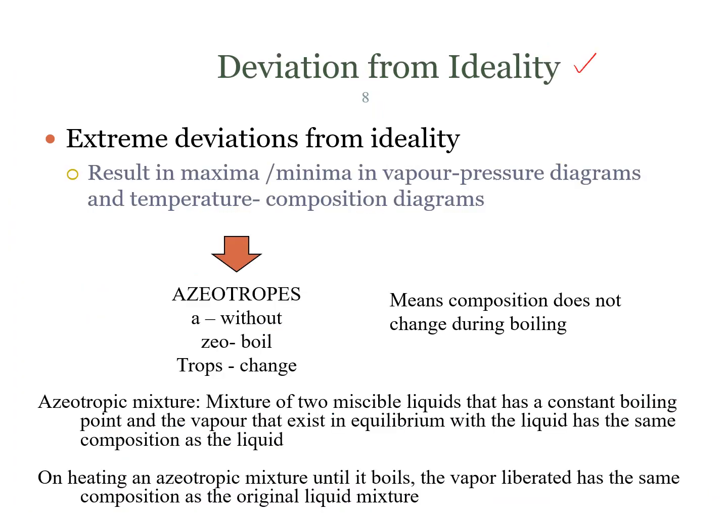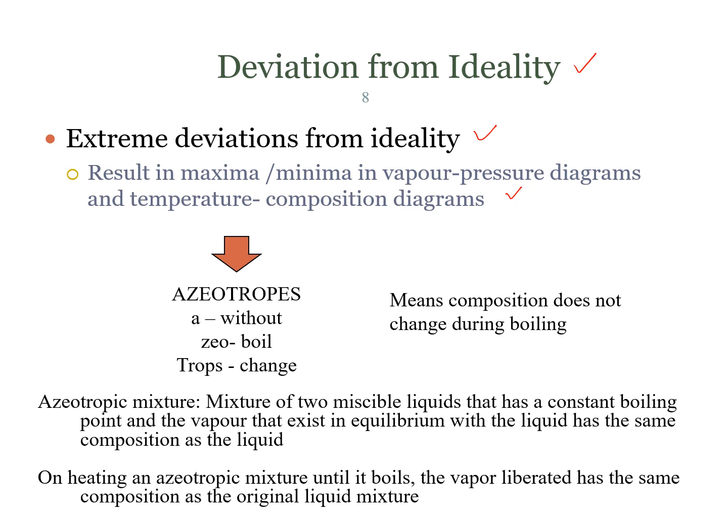Deviation from ideality. Extreme deviation from ideality will result in maximum or minimum in vapor pressure diagram and temperature composition diagram. This will produce azeotropic mixture. Okay, so mixture of two miscible liquid that has a constant boiling point and the vapor that exists in equilibrium with the liquid has the same composition as the liquid.